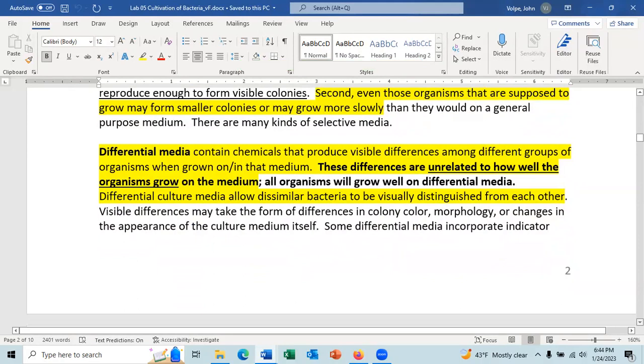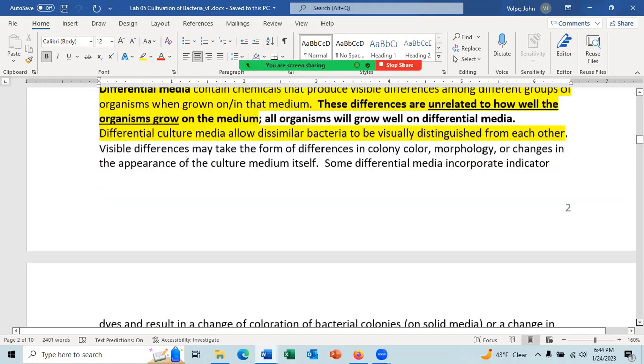Differential culture usually allows dissimilar bacteria to be visually distinguished from each other. Like one species may be one color and another species will be another color on a differential media. That would be one difference. Any questions about any of that?